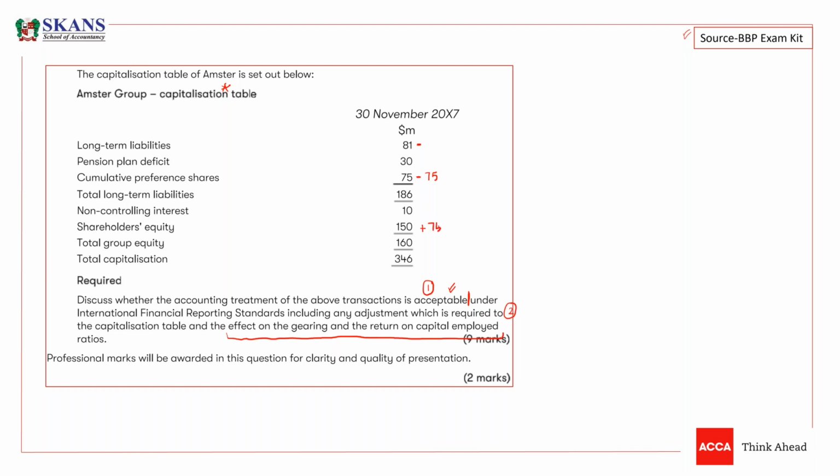Now I just want you guys to write what would be the impact on the gearing ratio and what would be the impact on return on capital employed. What would be the impact on capital employed? What would be the return on capital employed? I'm just waiting, guys. Just give me the impact on two ratios. So what is the gearing ratio?